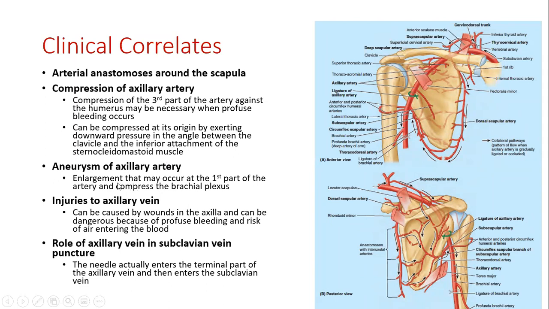Aneurysm of the axillary artery. An aneurysm is an enlargement of an artery. You see how in these pictures it's nice and smooth and these main arteries look to be about the same size. An aneurysm is when you have a bulging or ballooning out of the artery, and you can see aneurysms in almost any artery in the body.